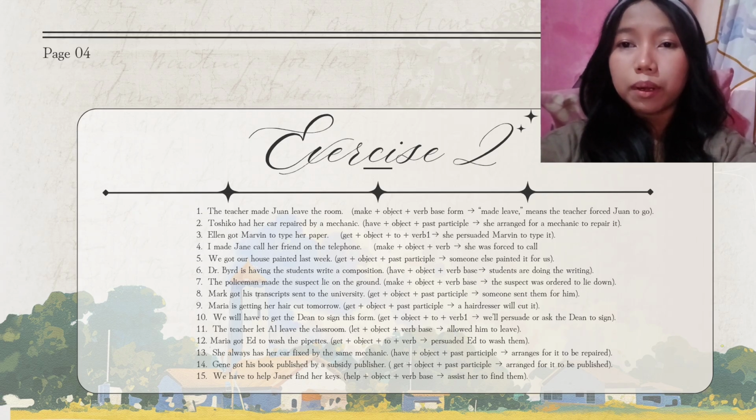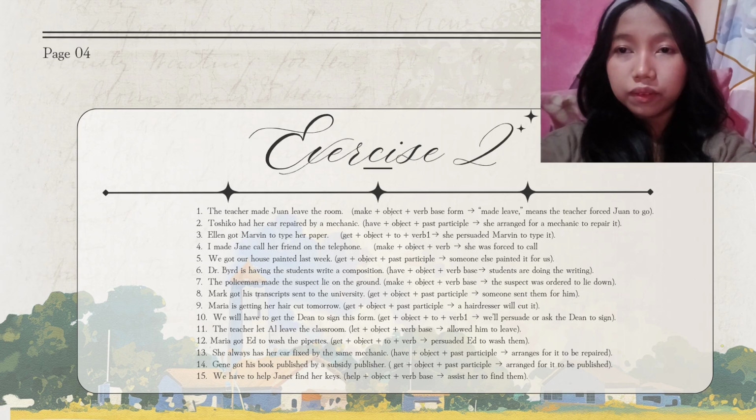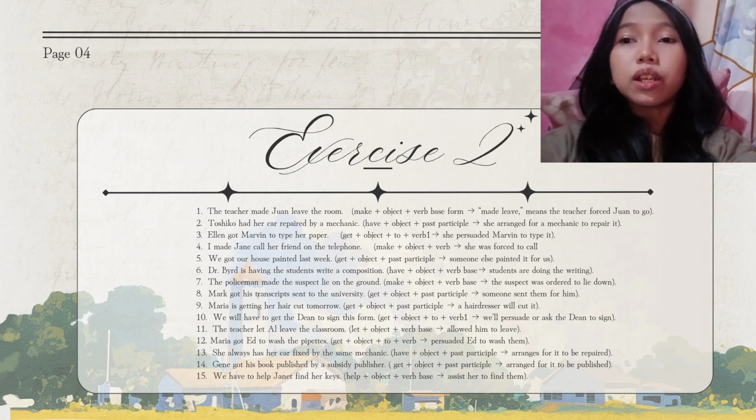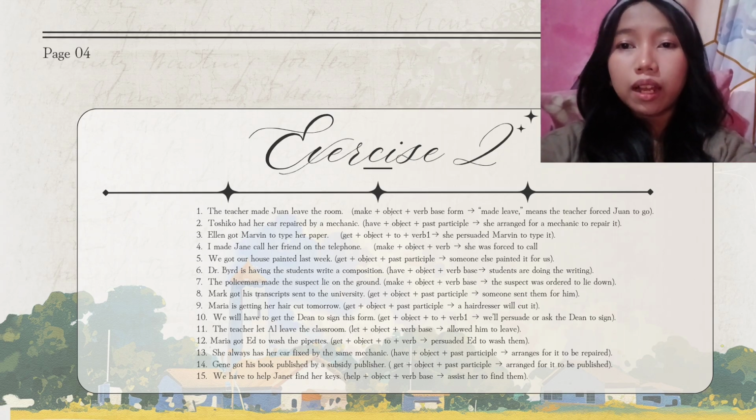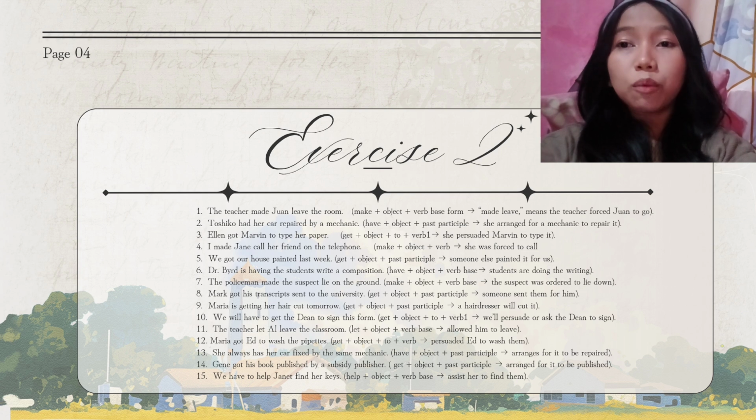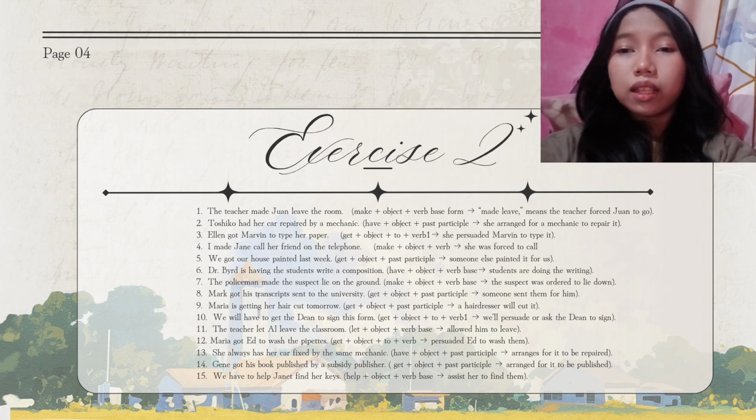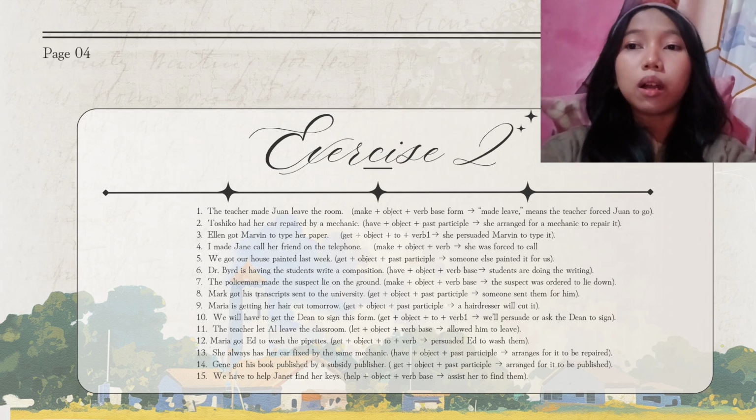She didn't repair the car by herself. That means she arranged for a mechanic to do it. This is causative because the structure uses have plus object plus verb 3 form. Use it when you get or receive a service done. That means Toshiko arranged for a mechanic to fix her car.